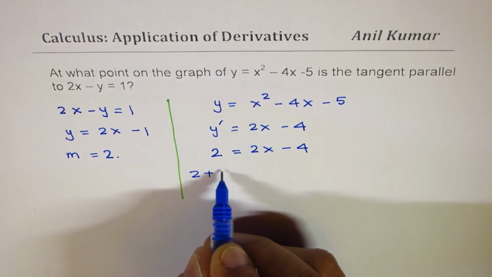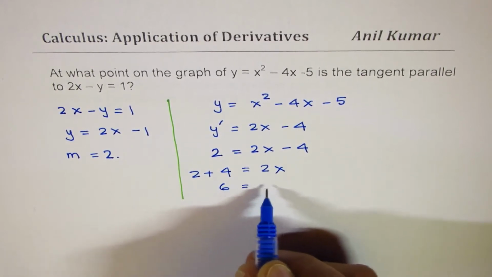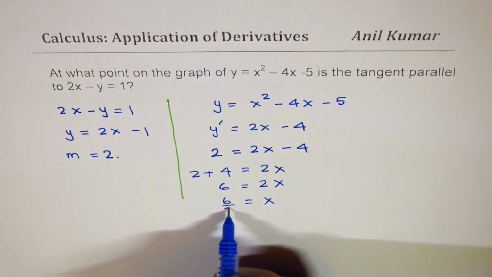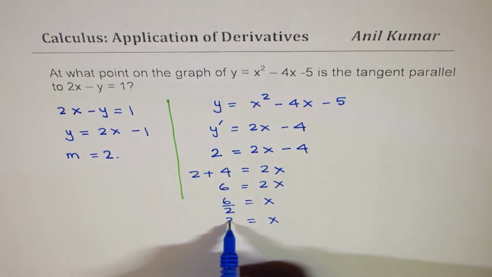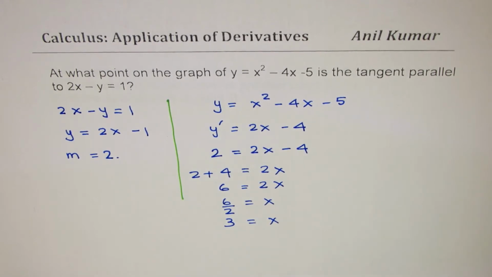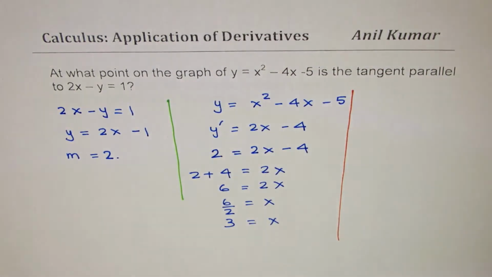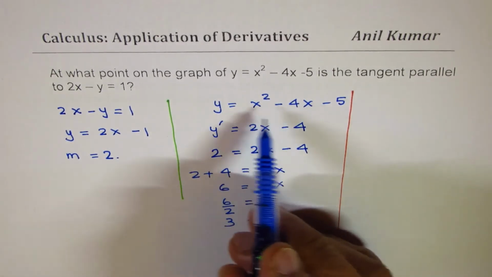Rearrange. We get 2 plus 4 equals 2x, or 6 equals 2x, and that gives you the value of x as 6 by 2, which is equal to 3, right? So we know the x coordinate. Now we can also find the y coordinate. Substitute x equals 3 and find y.